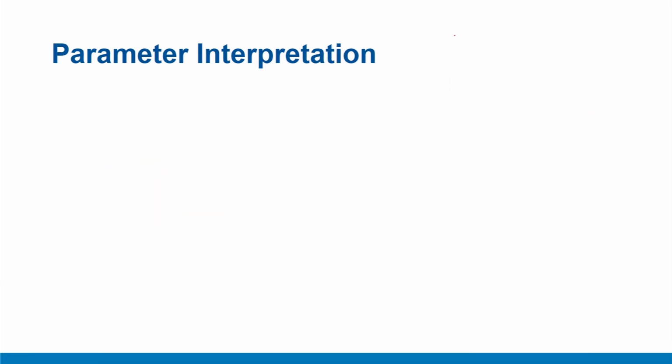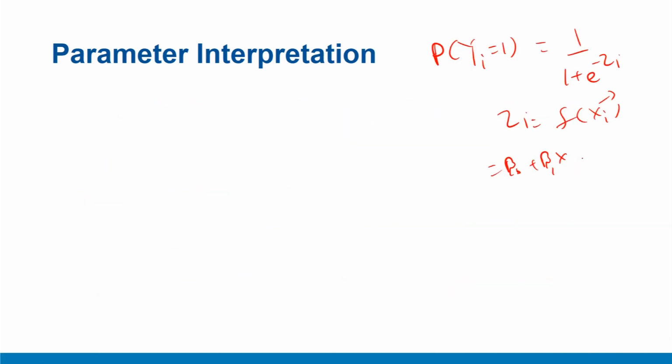Why this is important is because remember our logit function, which is essentially the probability that yi equal to 1, is reflected as 1 upon 1 plus e to the power minus zi, where zi was a linear function of xi's. This is a vector of various x's. So it will be something like beta naught plus beta 1 x1 plus beta 2 x2, and so on up till beta n xn plus the error term.